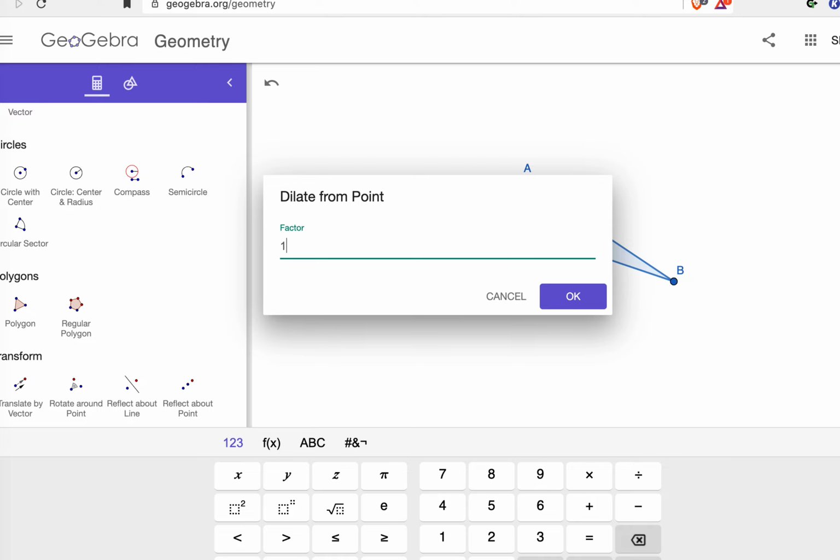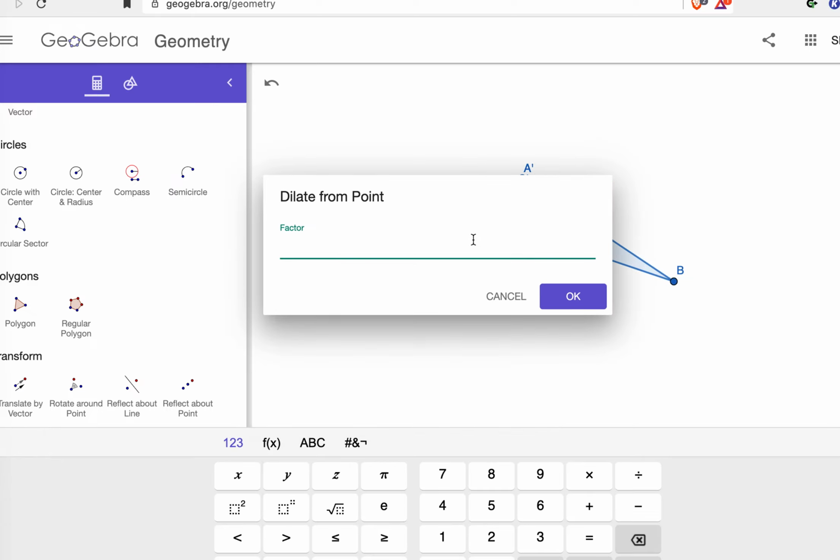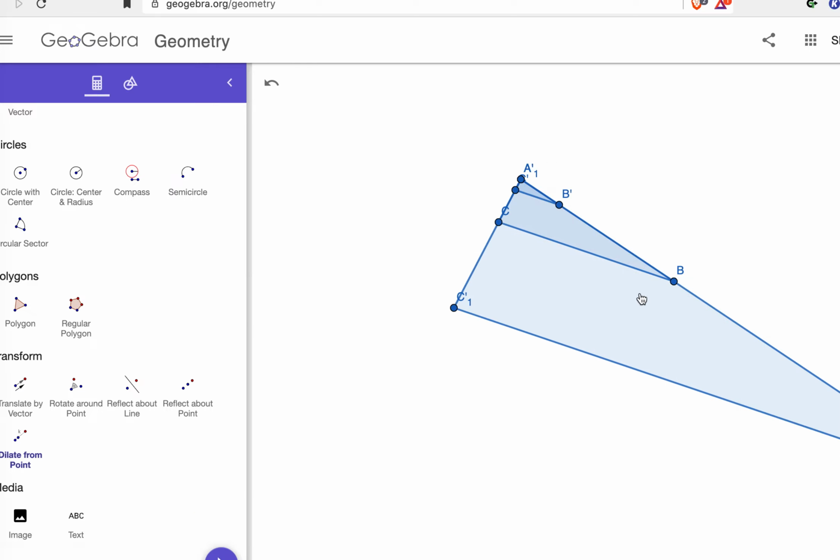I'll make it a quarter of the size, and we can see it shrunk down, but it stays stuck to point A. And when I grow around point A and make an enlargement, it also grows, but it is also fixed on that point A. So when a dilation grows on the shape, it dilates an enlargement or reduction and sticks to that point.